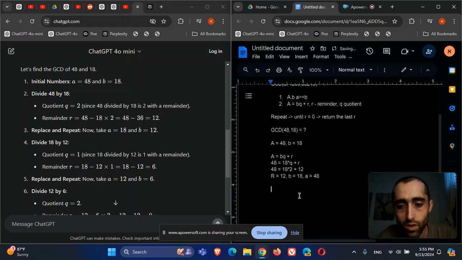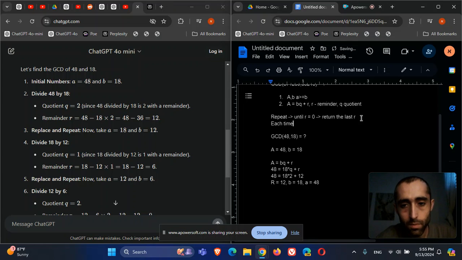Now we continue, and each time we switch: a gets b and b gets r. We repeat. So after the switch, a equals 18 and b equals 12. Then 18 equals 12 times something plus r.